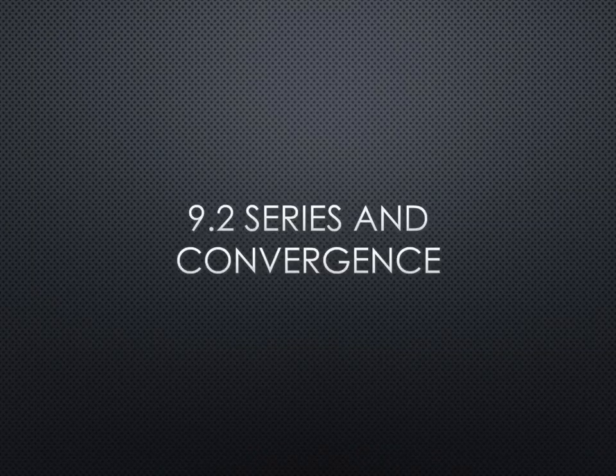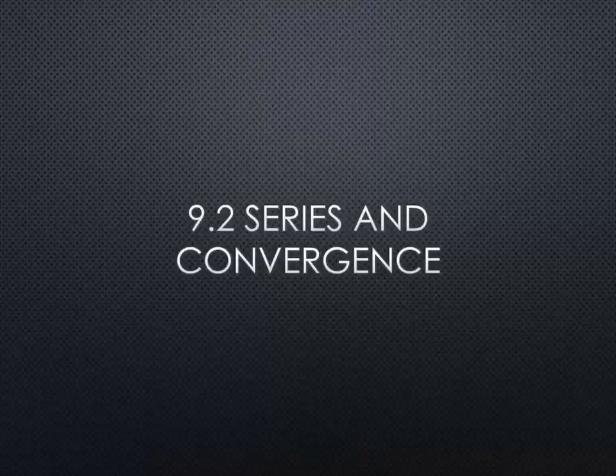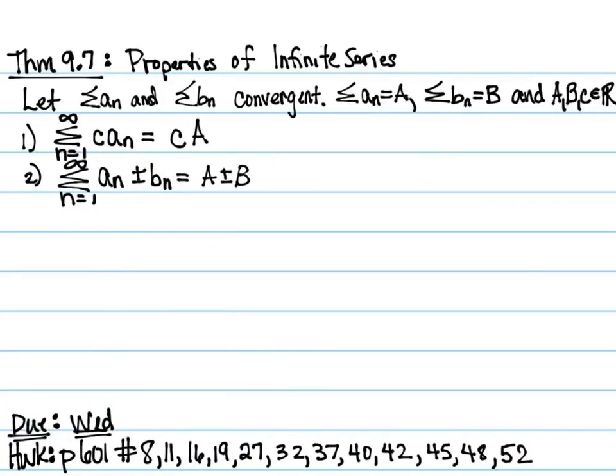All right, we started 9.2 last time, series and convergence, and we had ended with talking about some theorems or properties of infinite series, and we were going to do an example. So that's actually where we're going to pick up, with an example of that.